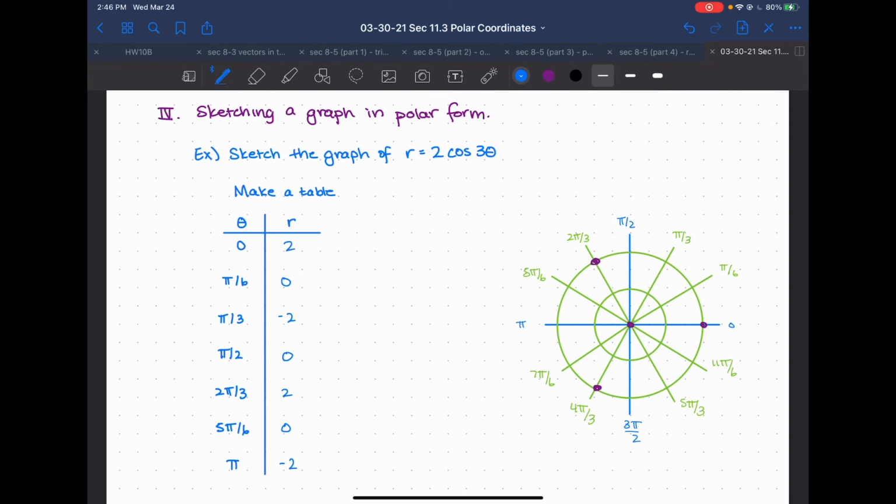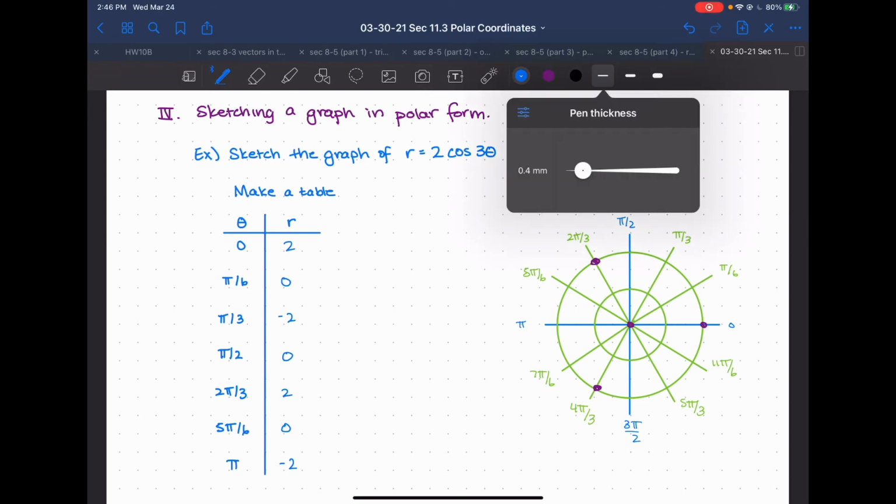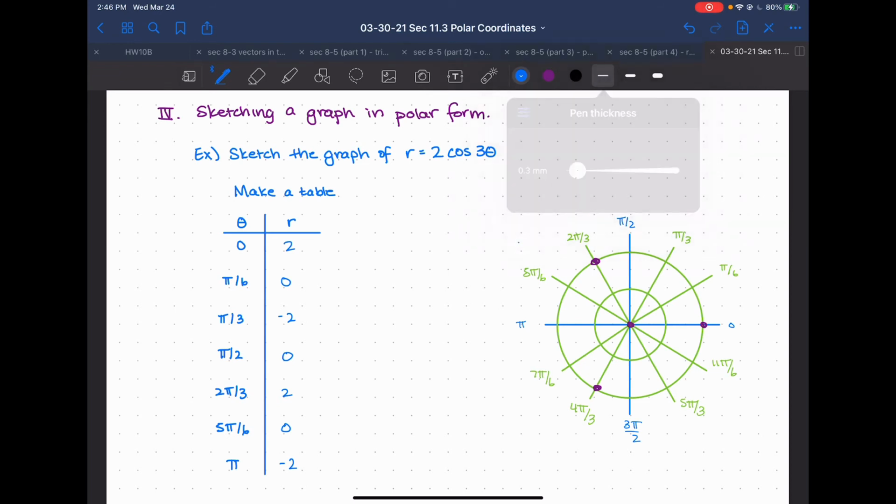So if I think about these points, pi over 6, that's the same thing as 2 pi over 12. Pi over 3, that's the same thing as 4 pi over 12. Pi over 2 is 6 pi over 12, and so on.